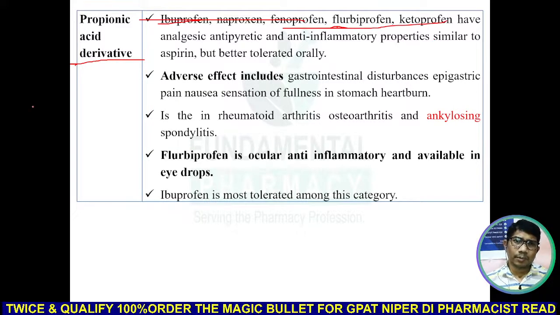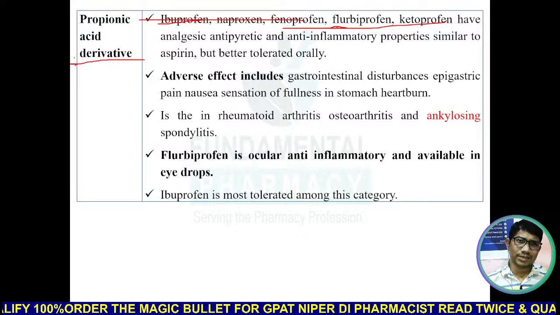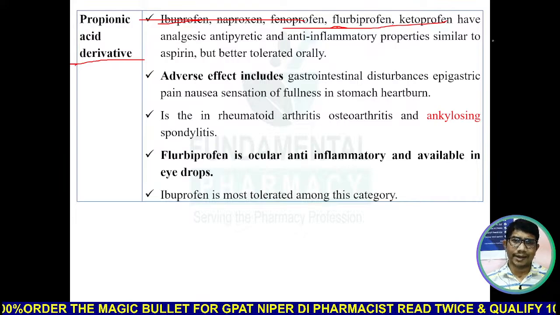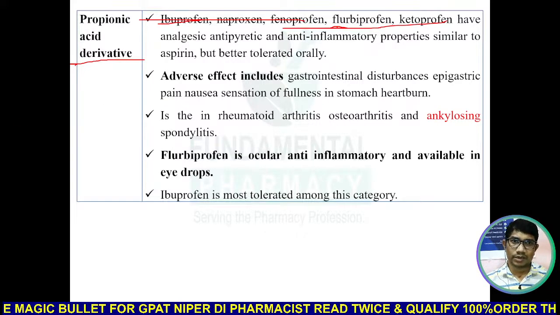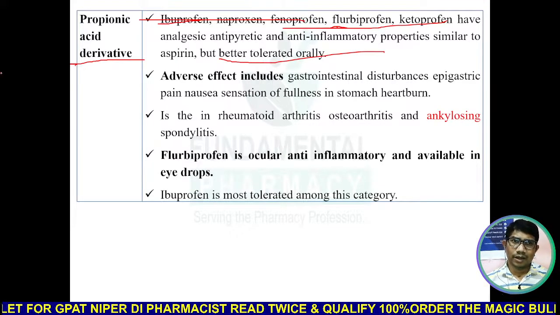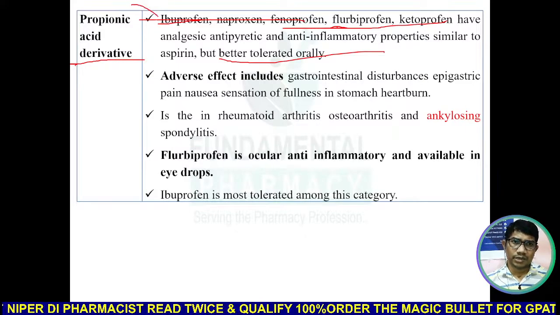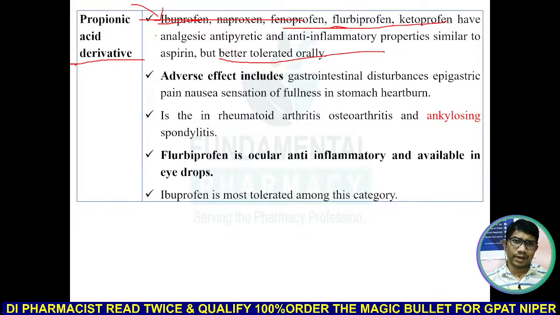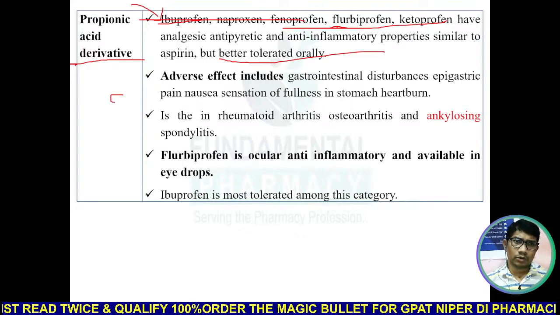So ibuprofen, naproxen, fenoprofen, flurbiprofen, ketoprofen, they are also NSAIDs, analgesic, antipyretic and anti-inflammatory drugs. Similar to aspirin, but they are better tolerated. इनका थोड़ा सा toleration अच्छा होता है, right? So remember, ibuprofen is a racemic mixture, and the S-isomer is more potent.